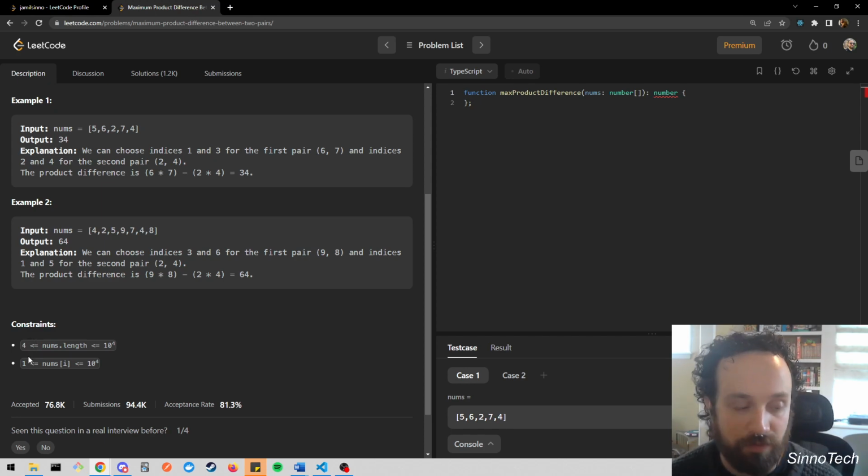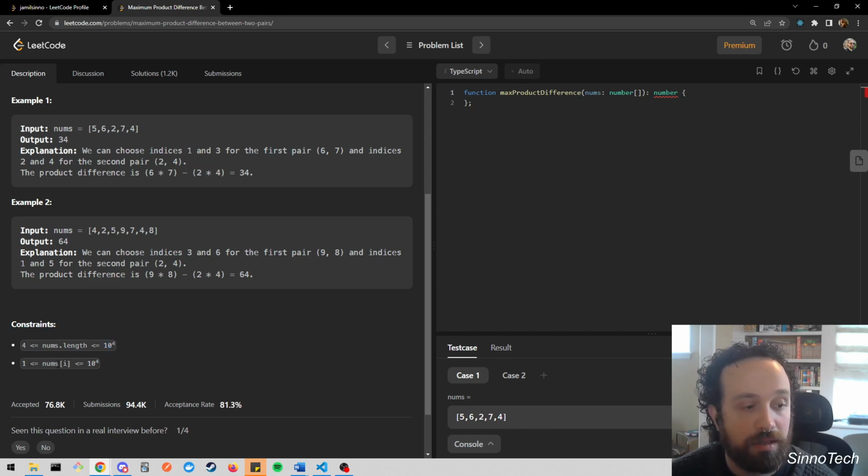Okay? Our array of numbers must be at least 4 numbers in length. Otherwise, we won't be able to solve the question. The question specifically asks for us to have 4 numbers in order to find a maximum difference. Because if you replace any of these numbers with 0, any number multiplied by 0 is 0, right? So, 4 minimum numbers to a maximum of 1,000 numbers.